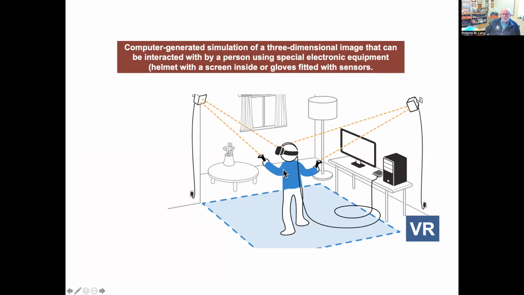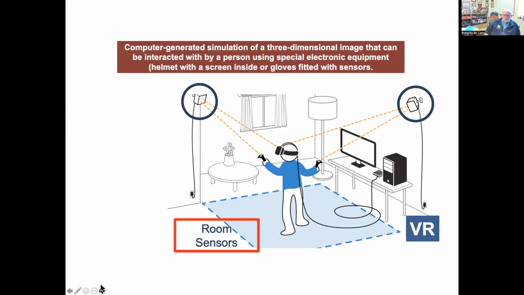This computer generation of a three-dimensional image is a human interacting with these goggles, which interact with special electronic equipment, a helmet that has a screen inside, with gloves and sensors. And there is an area in the room delimited by the sensors in which images can be visualized.